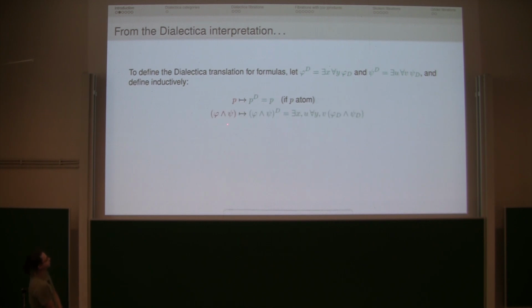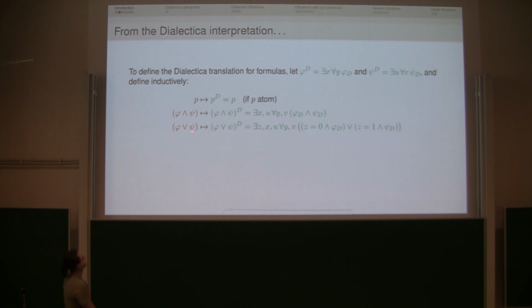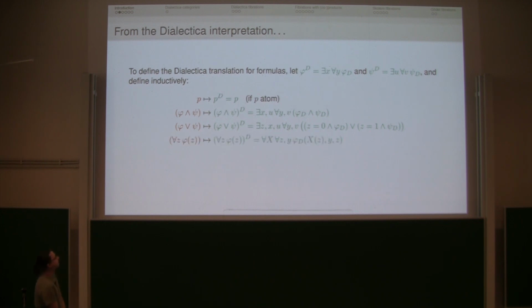For a conjunction of two formulas, we straightforwardly apply the conjunction onto the kernels of the individual formulas. Because we're in an intuitionistic theory, when we're doing a disjunction, we have to add witnesses for each of the members of this disjunction. That's what happens there.